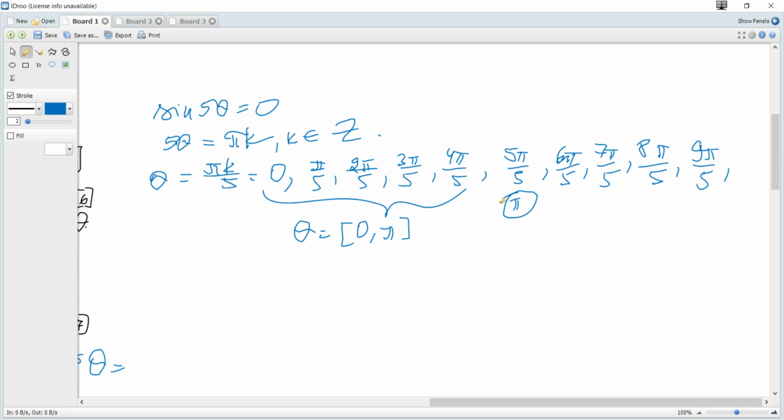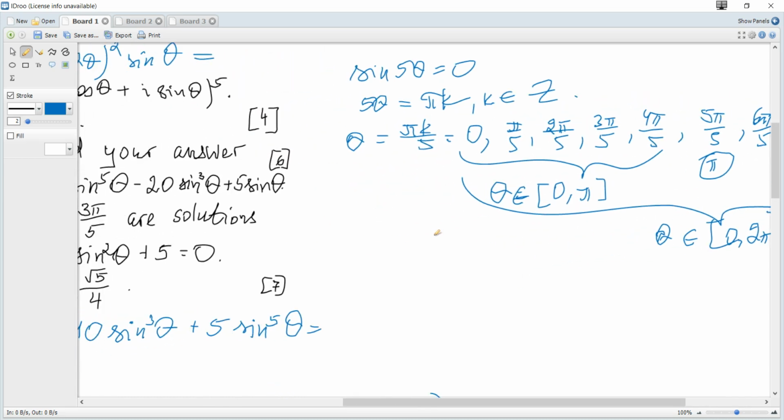And so if we consider from 0 to 2 pi, one complete revolution, there are 10 roots in total.